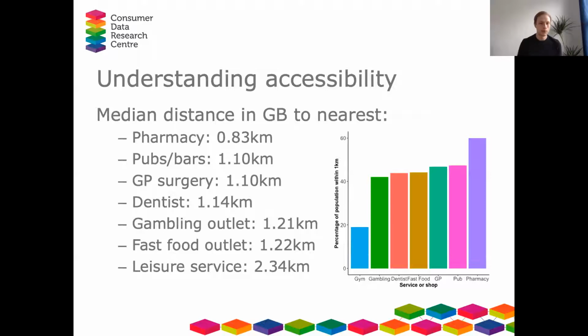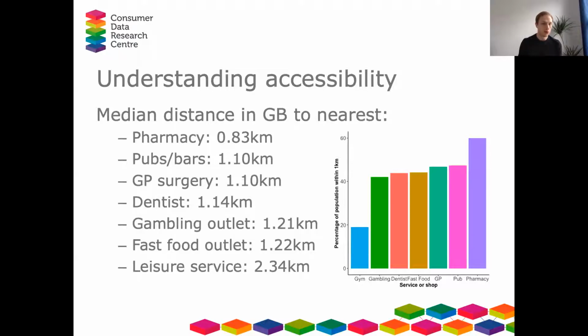So for example, on this slide, we're just looking at the median distance, so the average distance of an area or a postcode within an area to its nearest pharmacy, pub, GP, dentist. And what we can see is that most of our population is quite accessible to many of these services that might be good or bad for their health.